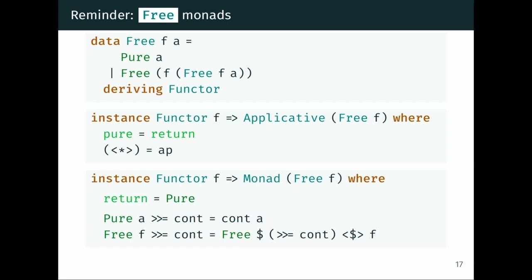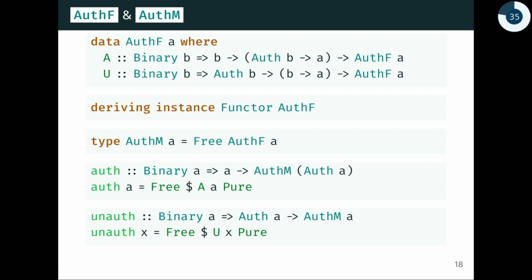So that's a way, given some operations that we represent in the form of a functor, we can get a monad. And in our case, why do I want a monad in the first place? Because we are in Haskell and not in OCaml, so I can't just write proof streams somewhere without using side effects. So I can't have my auth and unauth as pure functions with the right types.